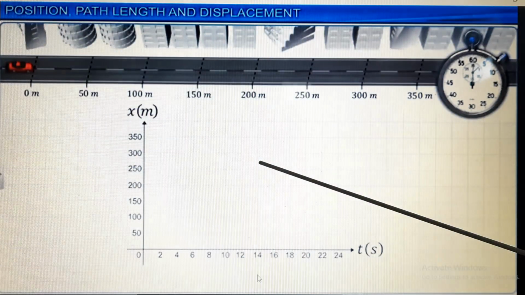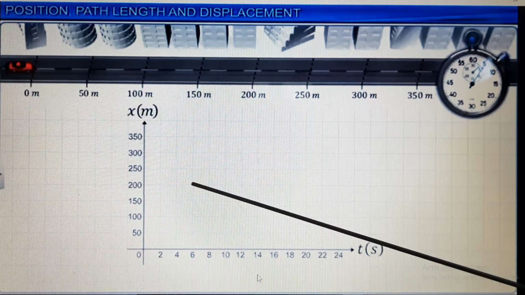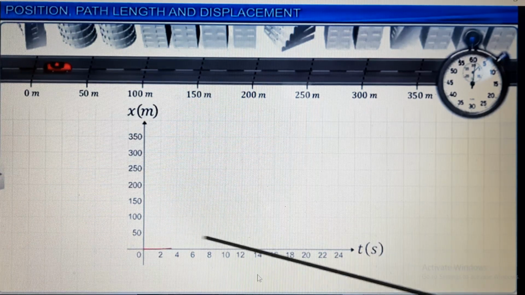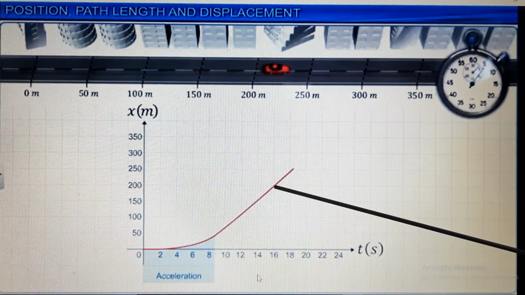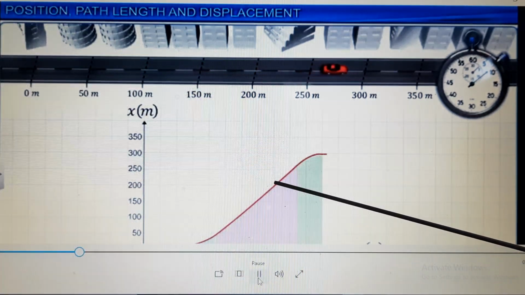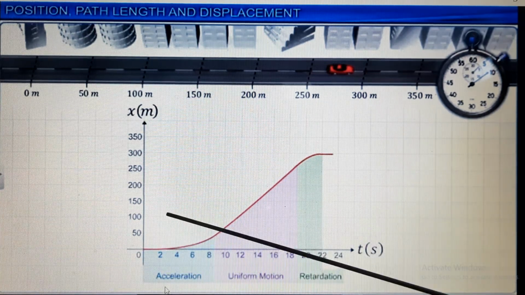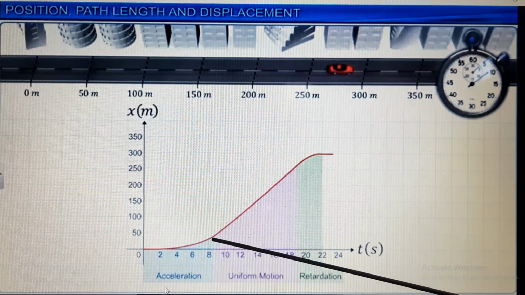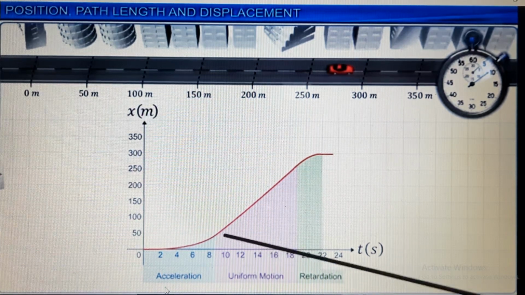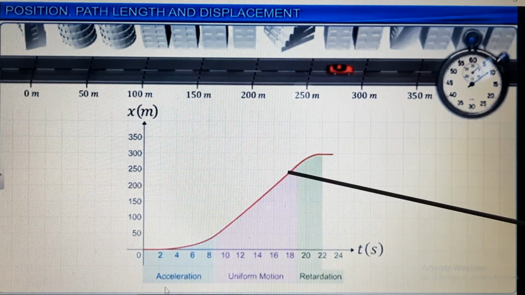But look here, its position x with respect to time is not constant. So this is non-uniform motion. Means here from time 0 to 8 seconds, its speed is increasing. After that, from 8.5 to 18.5, its speed is constant.